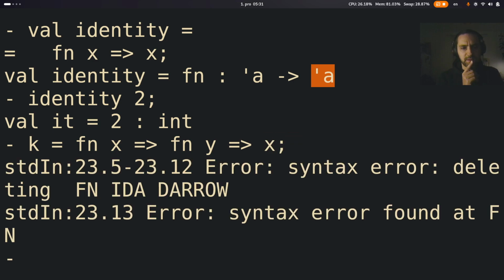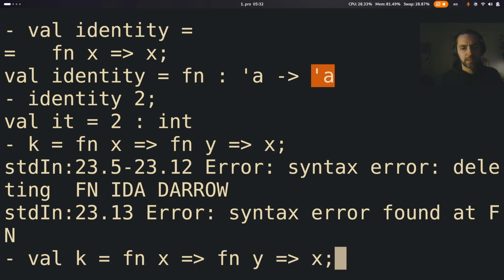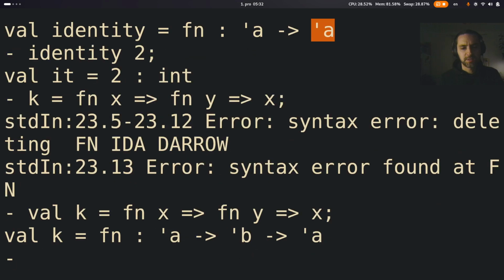Error, syntax error found. Oh, so it's val k = fn x => fn y => x. So now we have a constant combinator.